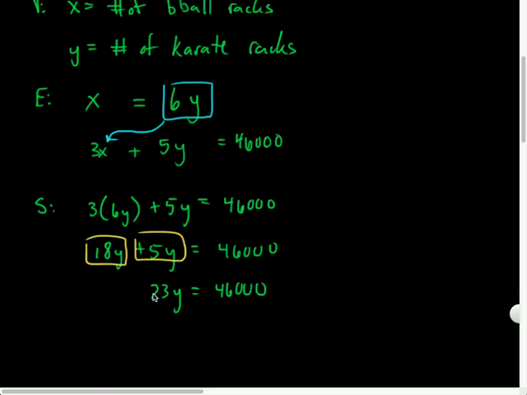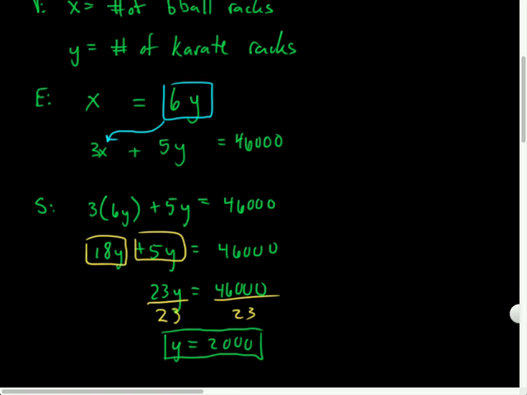And then divide both sides by 23. And what is that? Is that 20,000? Did I do that right? Yeah, or 2,000. There we go. Let me redo some of those. Is it 2,000? Yeah. 2, and then 3 zeros. Sounds good to me.